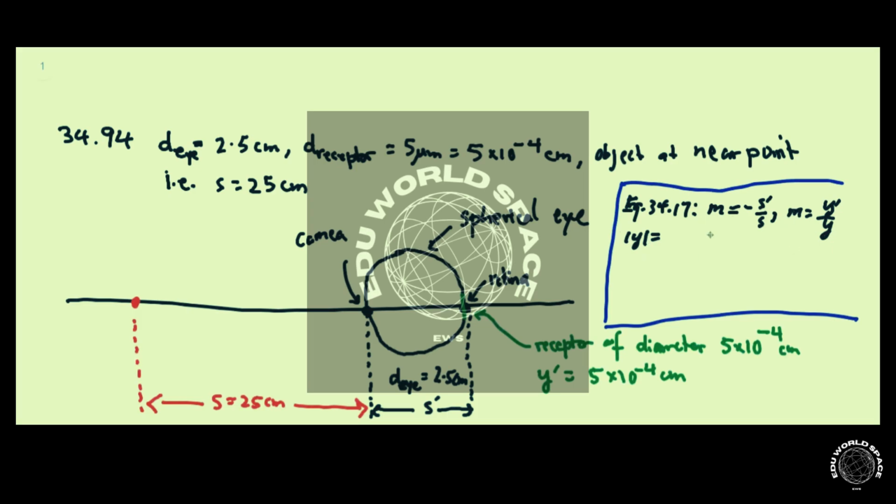So I will have y is equal to y prime over m. We know y prime, we don't know m, but we know s and s prime, so then we can solve for m in this equation. Once we find m, we just plug it in here, and then we can find y, and this will be the smallest object that we can resolve at the near point.